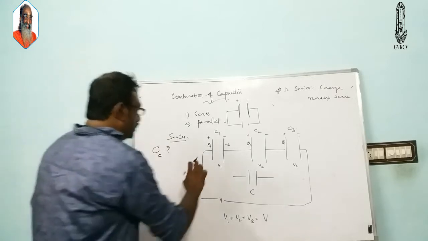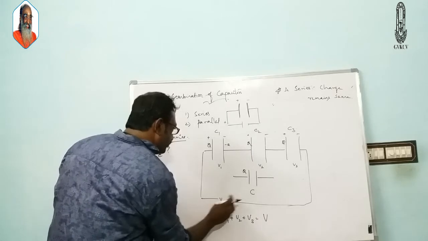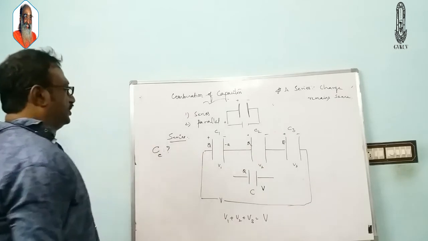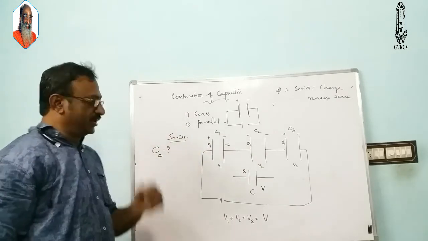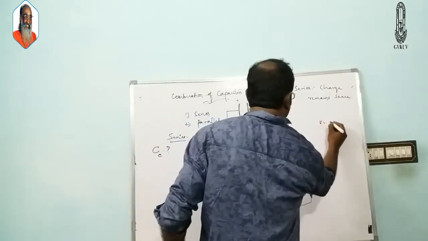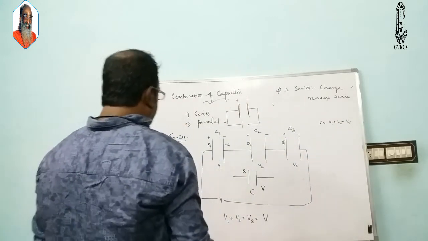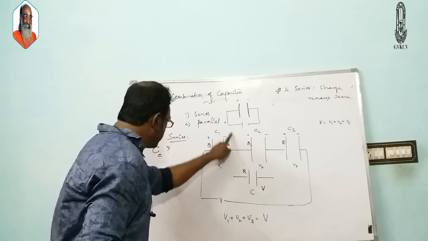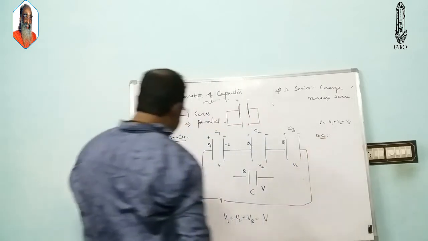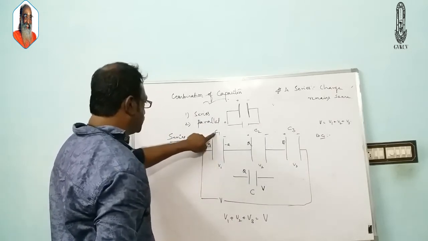So now the charge is same, so this also will have the same charge. And because we are applying potential V, for this capacitor the potential is V. From this we are going to extract the effective capacitance. So here we understood that V is equal to V1 plus V2 plus V3. Coming to the capacitor C1, charge applied is Q, its potential is raised to V1, and the capacitance is C1.